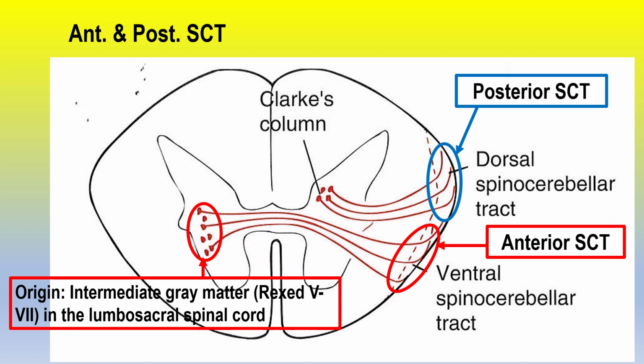Its cells of origin are located in the intermediate gray matter, Rexed laminae 5 to 7 of the lumbosacral spinal cord, and they transmit spinal reflex activity related to the lower limbs and lower trunk to the cerebellum.